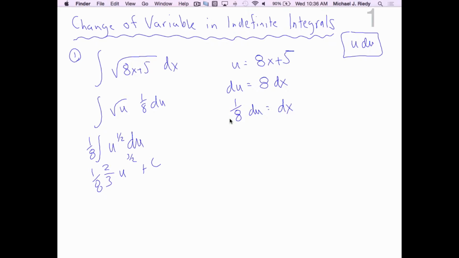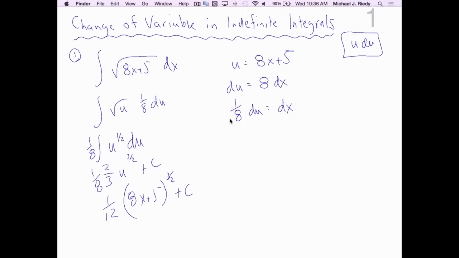So the 1/8 and 2/3 combine to 1/12. Now I have to substitute back in for u: 8x plus 5 raised to the 3/2 power plus c. And there's my final answer. You don't have to multiply.